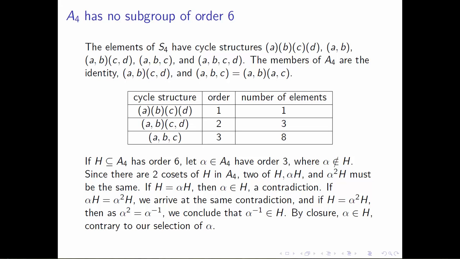It's by closure under inverses, since H is a subgroup, if alpha inverse belongs to H, then alpha belongs to H. And that's the same contradiction that we reached in these other two cases. So we explicitly chose alpha so that it did not belong to the subgroup H, and the contradiction we found was that no matter what, we forced alpha to belong to H. And so we see that it's not possible for A4 to have a subgroup of order 6.